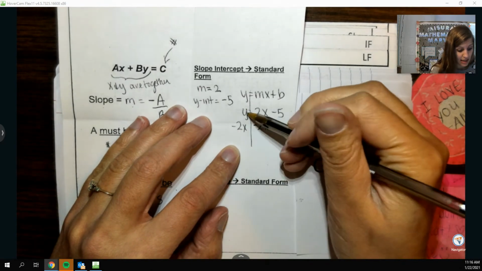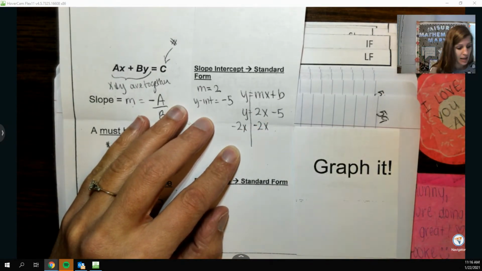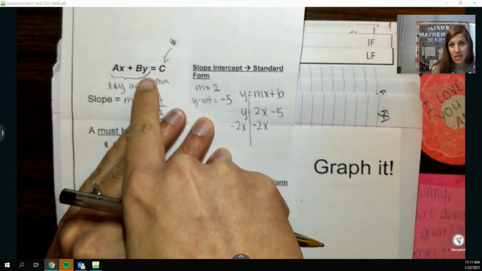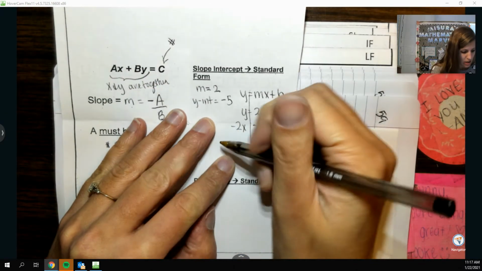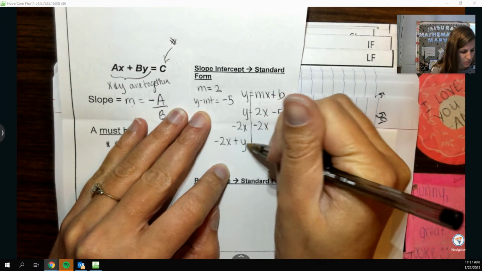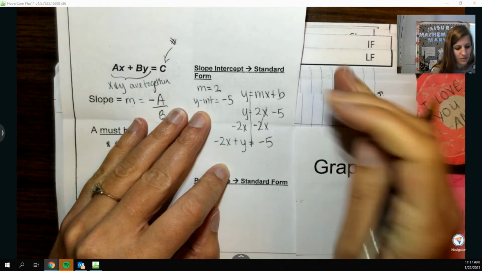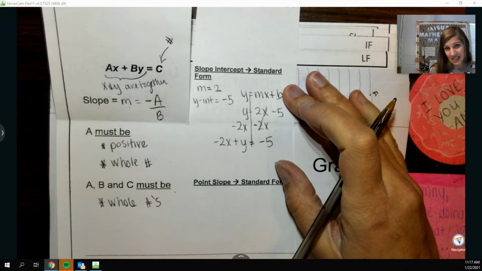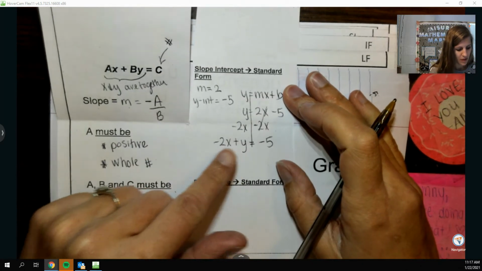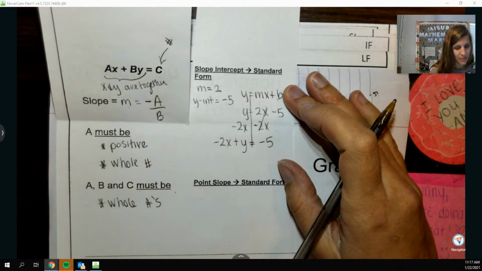Now, they are not like terms here, so we're just going to write it all out. And when we write it all out, we want it to look like standard form, which is in alphabetical order. So -2x, and then a positive, so plus y equals -5. And now this is basically in standard form because we have x, then y, then a number.